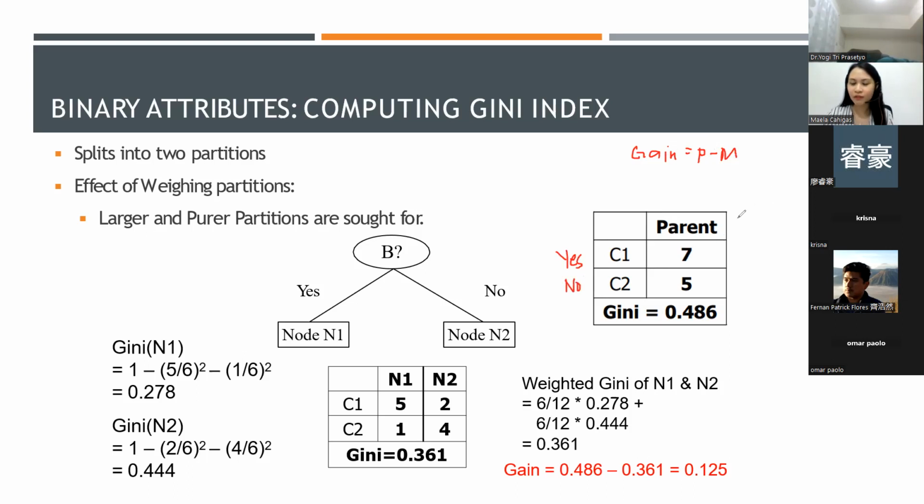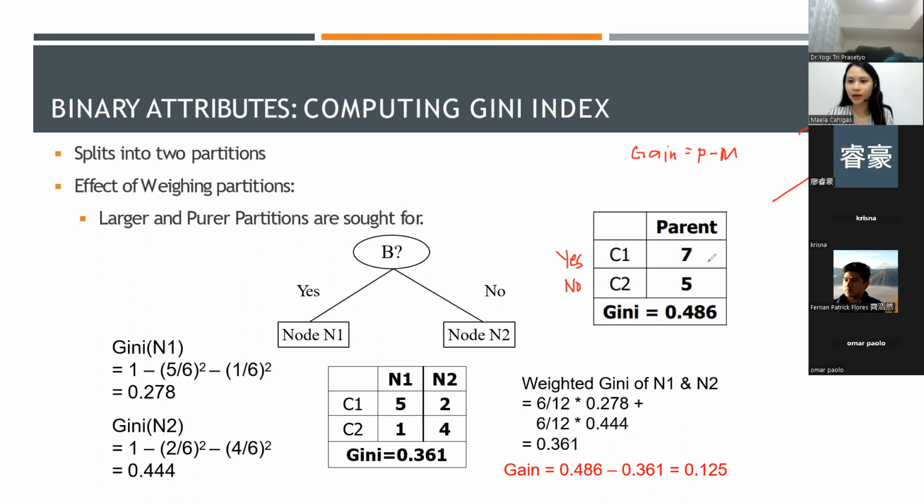This came from the value of, for example, the play golf: yes is 7, no is 5, and then it will branch out.